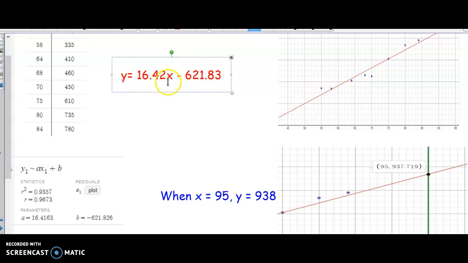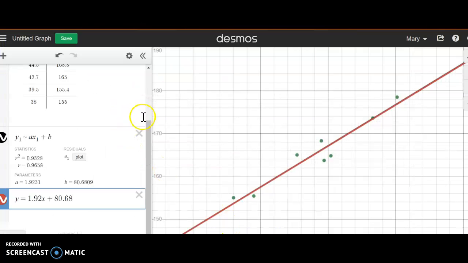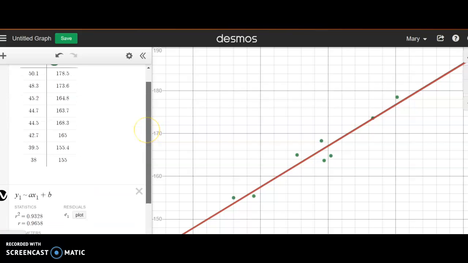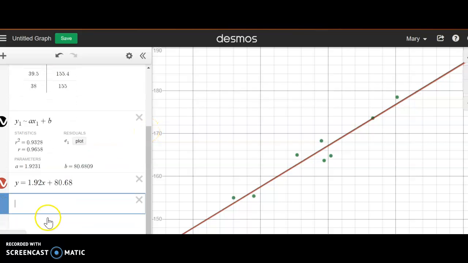Then I simply plug in when X is 95, so I plug in an X here, simply plug it into my equation, and I can let you see what that looks like, and show you how I get my answer. So let's go over here to Desmos, and I'll just plug it into a new equation.